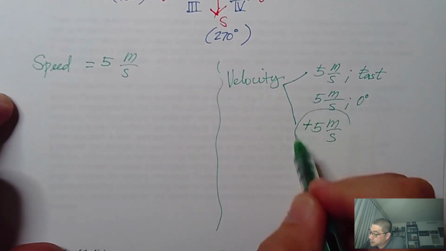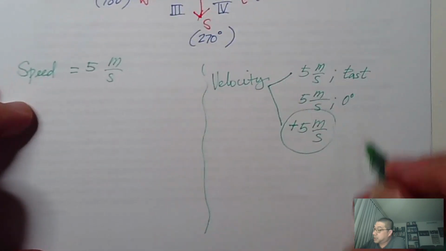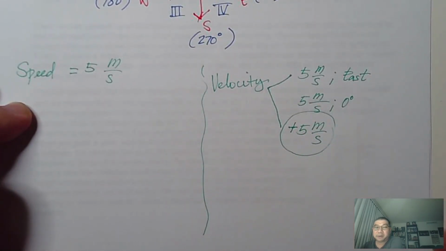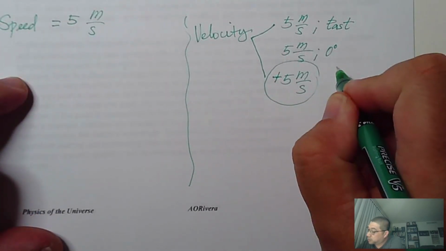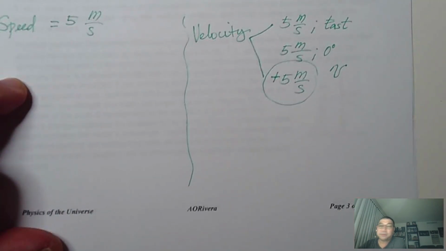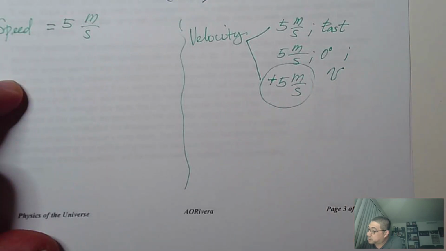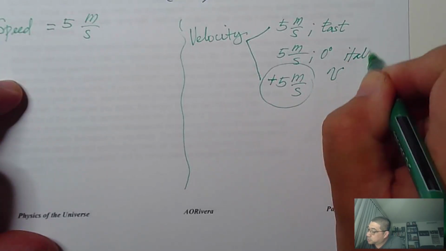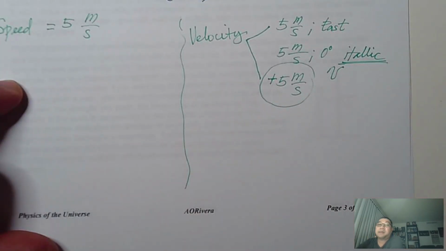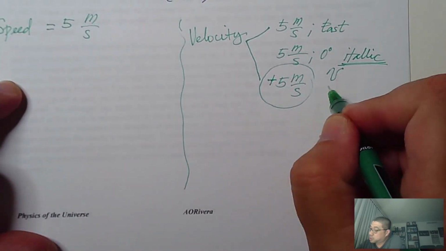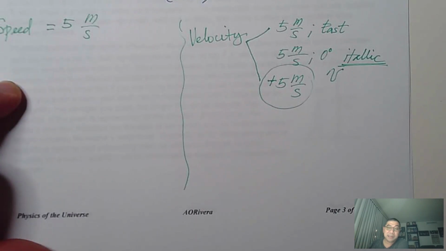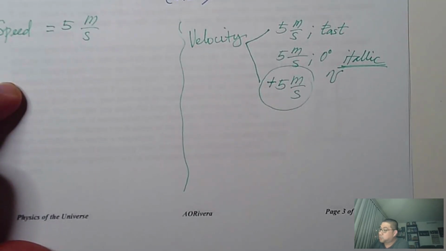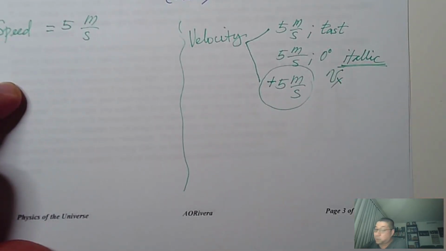Now, for this case right here, since velocity starts with the letter V, what do you think is the symbol for velocity? The symbol for velocity is V, the italic V. So it needs to be italic. Now, in order to specify if it's on the x-axis, which is also known as the horizontal axis, or the y-axis, we put a subscript: Vx.